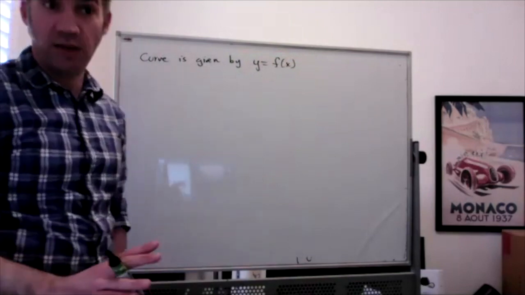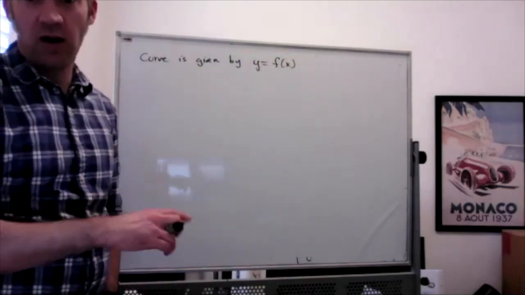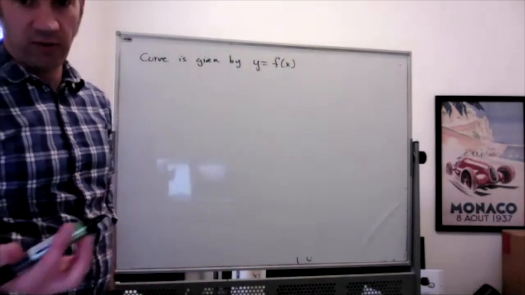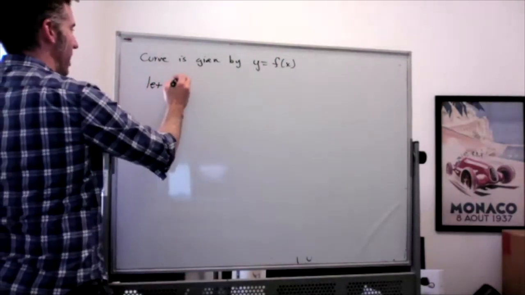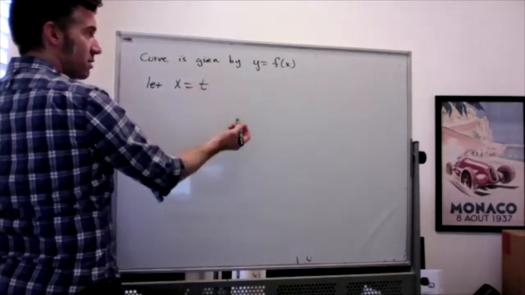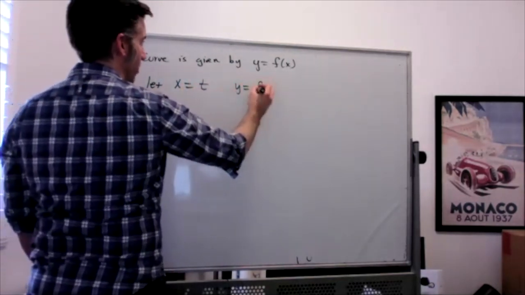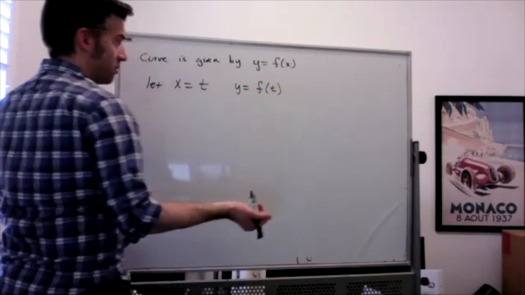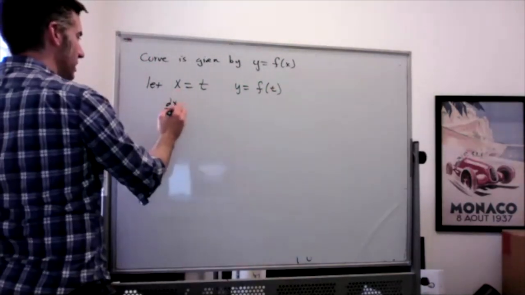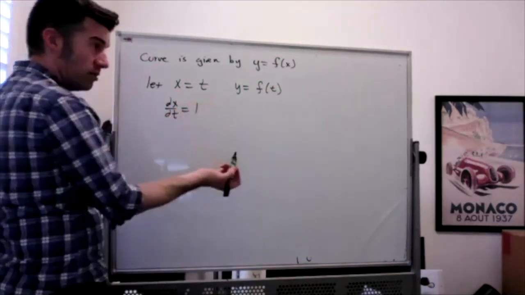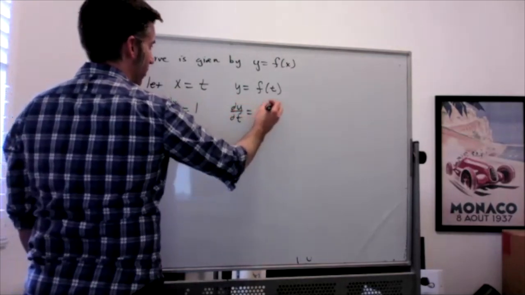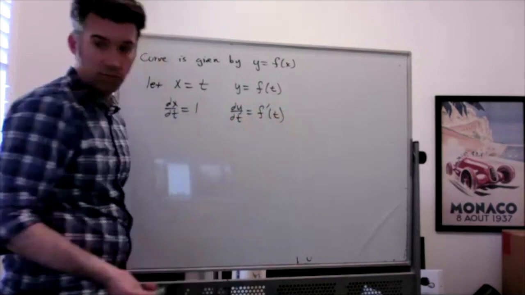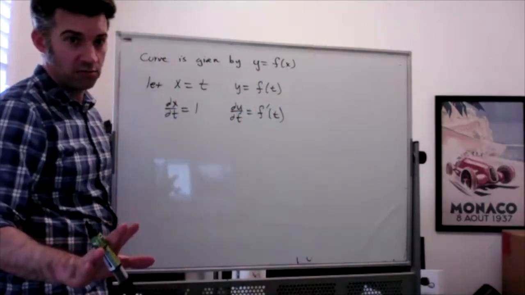Instead of using the parametric form, we can change this so we have what we want. We're just going to say let x equal t, and then y is going to equal f of t. So then dx/dt will be 1, and dy/dt will be f prime of t. We're okay with that?